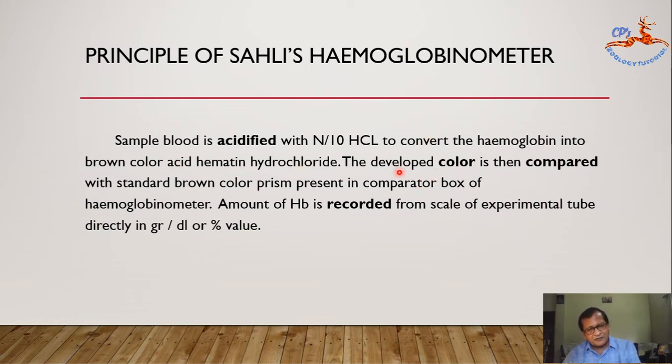Color is developed from red to brown. Then the brown color is compared in the comparator box of the hemoglobinometer. The amount of hemoglobin present is then read from the experimental tube directly in gram or percentage value.